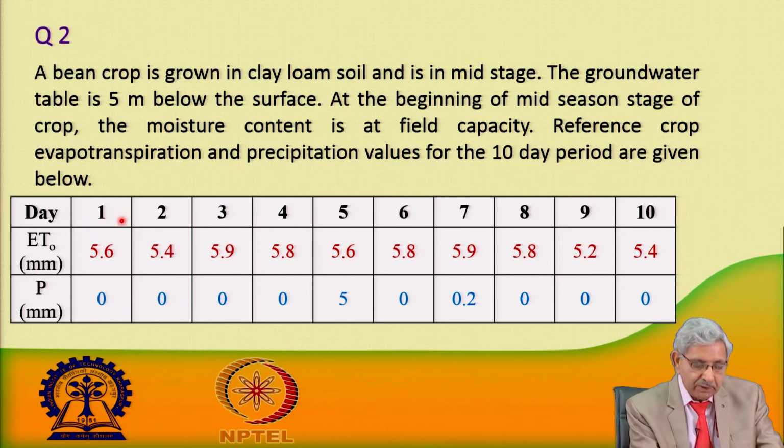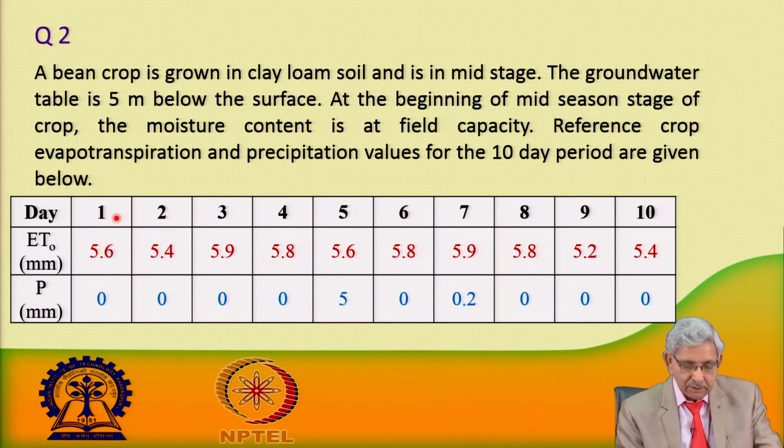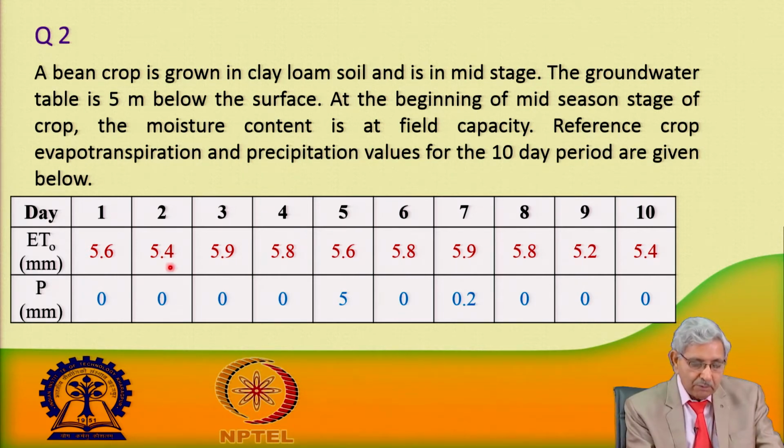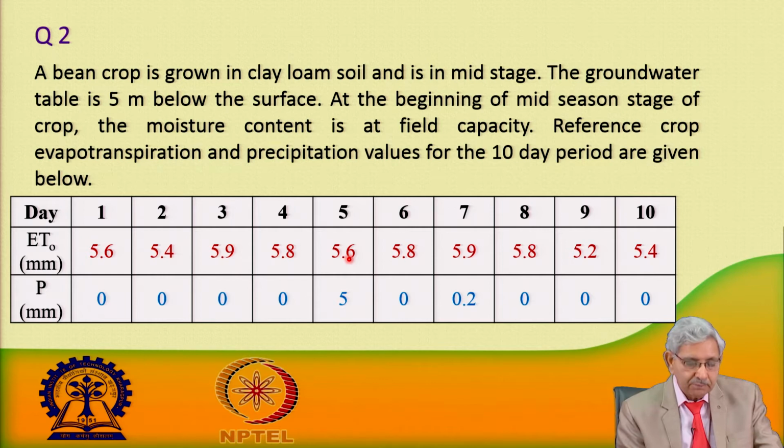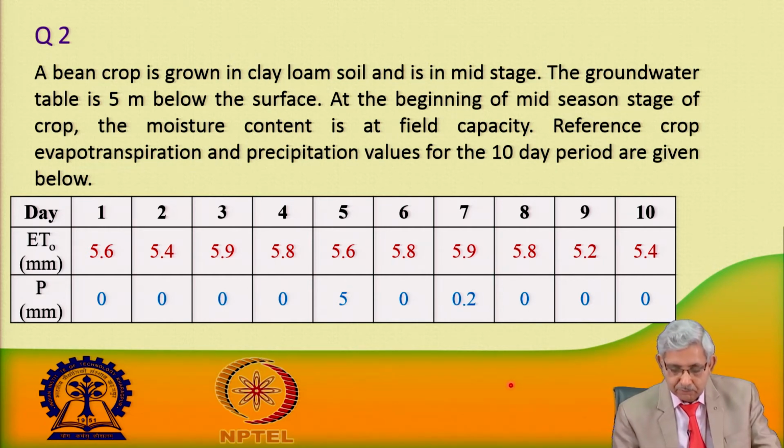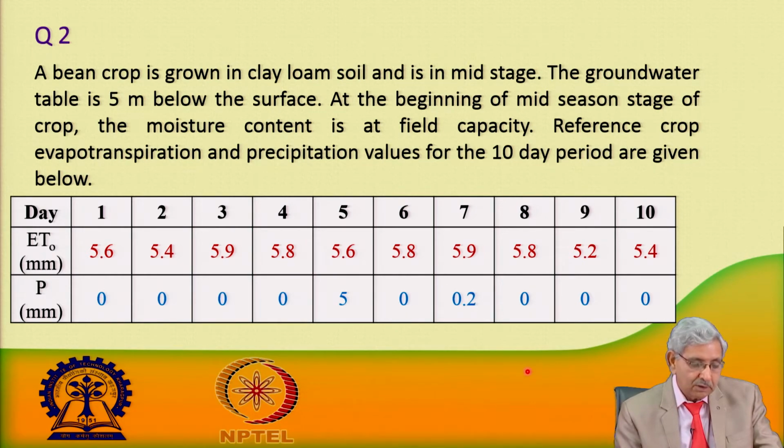So, we have been given from day 1 to day 10 the daily evapotranspiration, and the precipitation which has occurred: on day 5, 5 millimeter of rainfall, and on day 7, 0.2 millimeter, and on the rest of the days there is no rainfall.